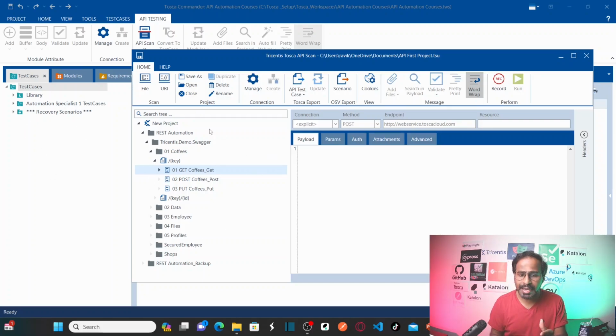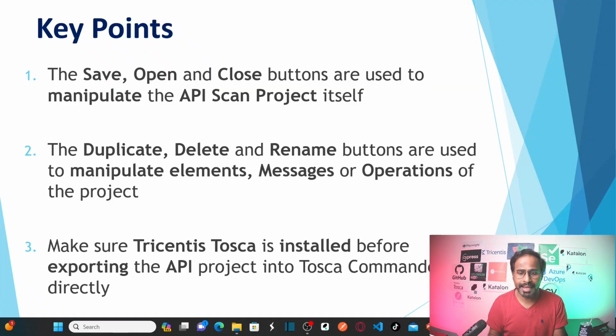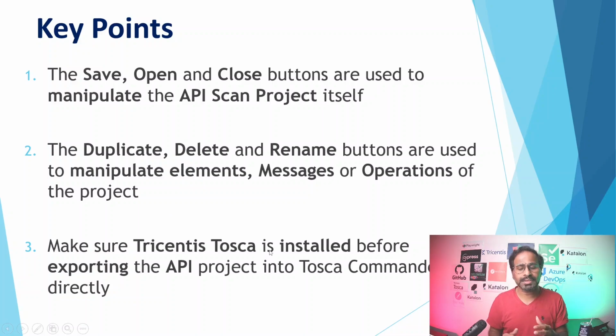You won't be creating your test cases in the API scan window. Instead, you are going to automate your API services by using Tricentis Tosca. That's why you need to export all the scanned API services and operations to your Tricentis Tosca so that you can start automating all the services. That's why it says make sure Tricentis Tosca is installed before you export your API project into the Tosca commander directly.